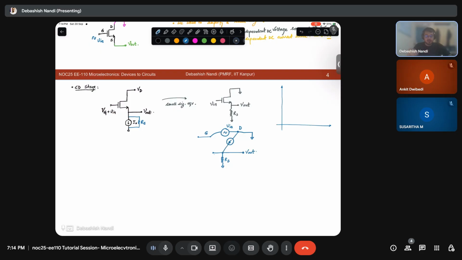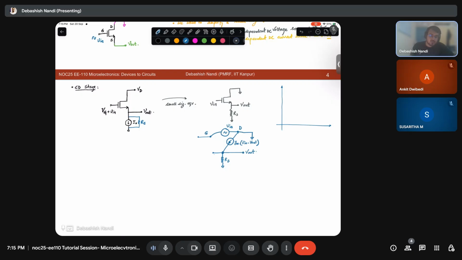And what will be the value of this current source? gm VGS. gm times what is your VGS here? V in minus V out. So gm times V in minus V out. And then you apply your KCL at this node and solve it, right?